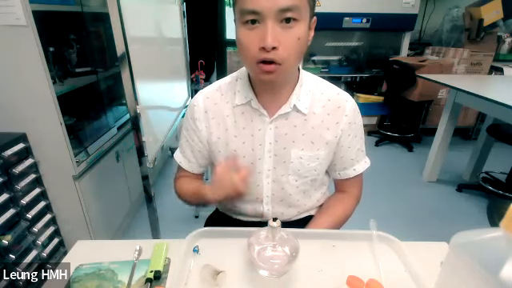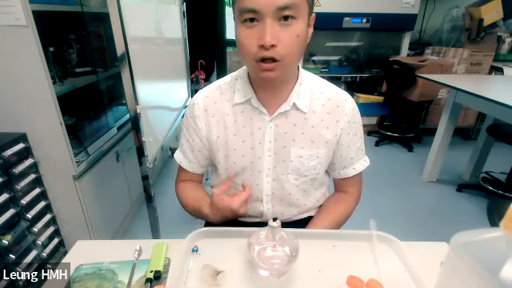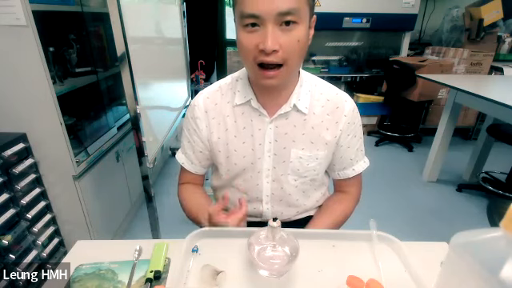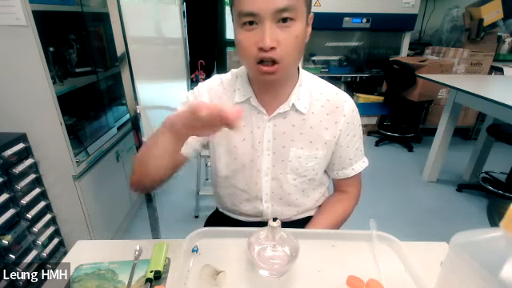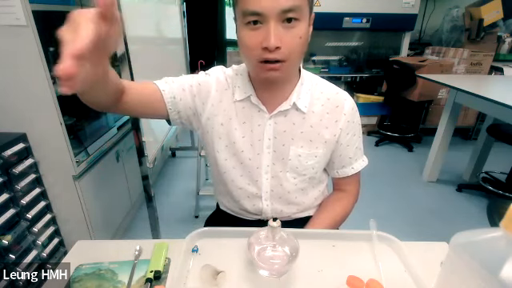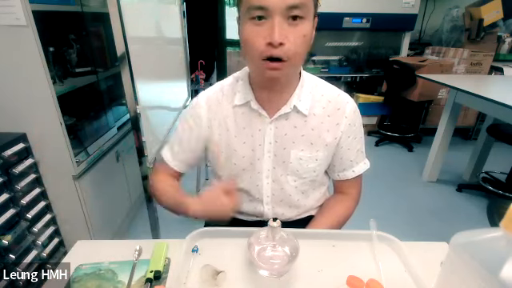And also the purpose of adding sodium hydroxide is to lower the activation energy of the experiment so that the reaction can achieve the plateau. I think you may know the graph of the activation energy.